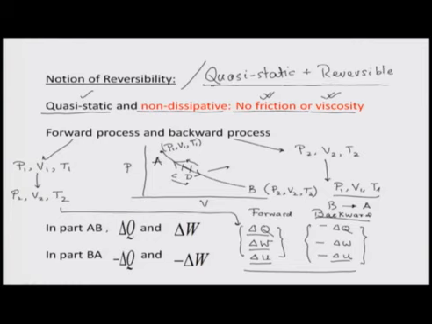What is the advantage of a reversible process? If I know delta Q, delta W and delta U for a forward process, I know it for the backward process also.